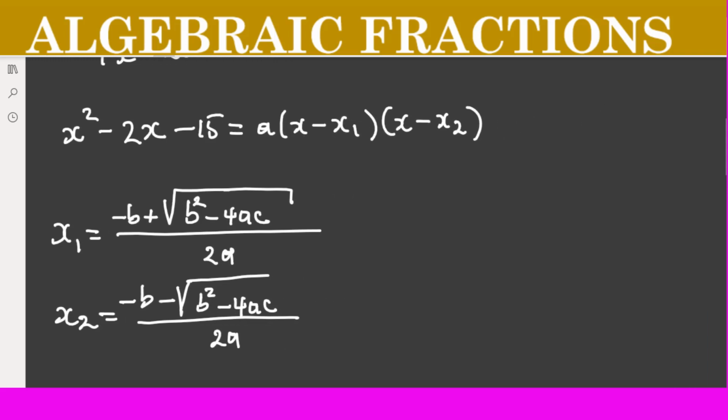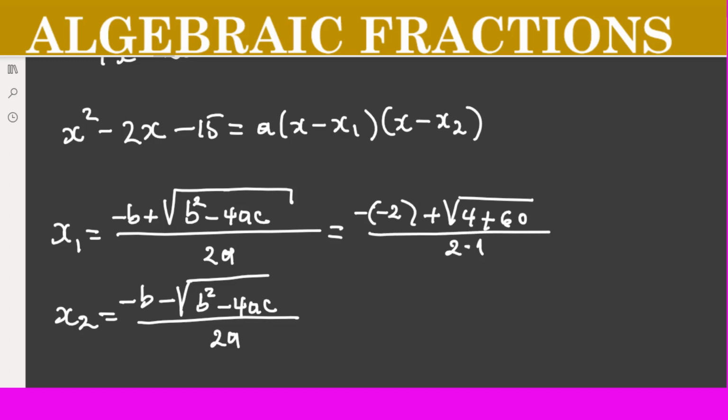Here I have negative negative 2, positive root of 60 over 2.1, we get 2 root.